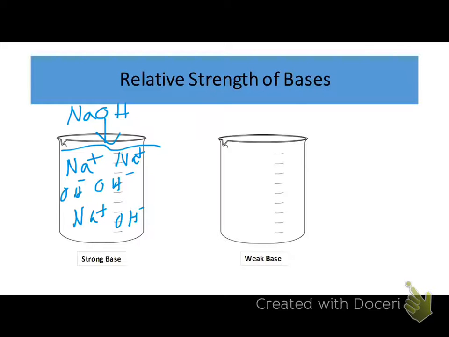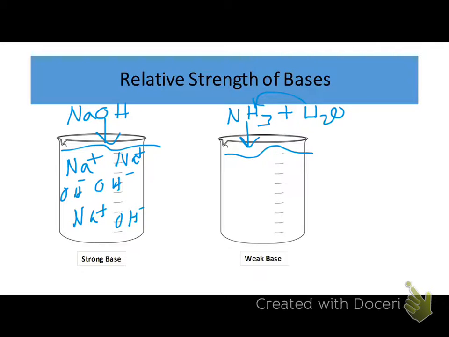However, if you look at a weak base like ammonia, if you place that into our solution, weak bases are only going to partially accept hydrogen ions. So, for instance, water can be our acid, and it's going to donate some hydrogen ions to ammonia.